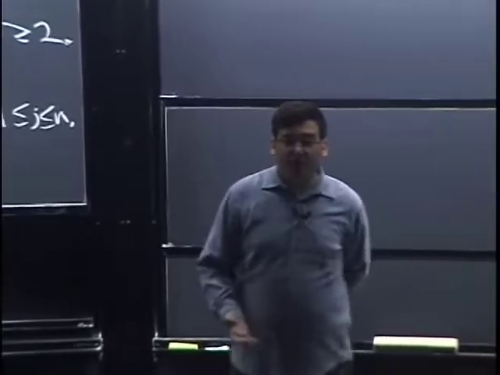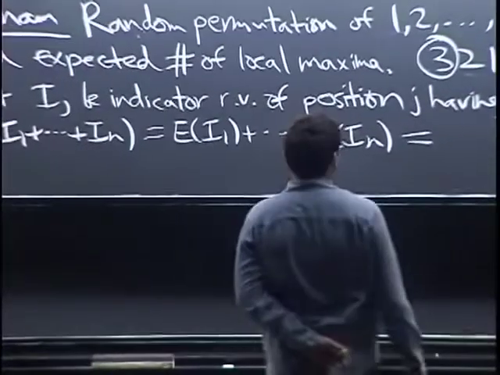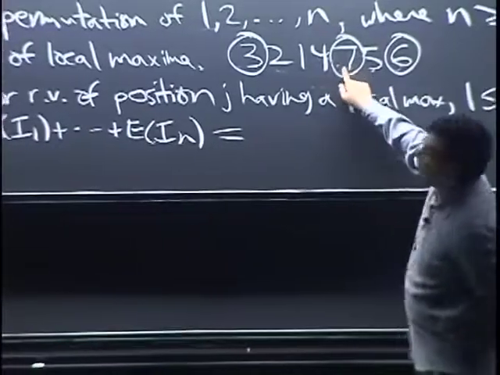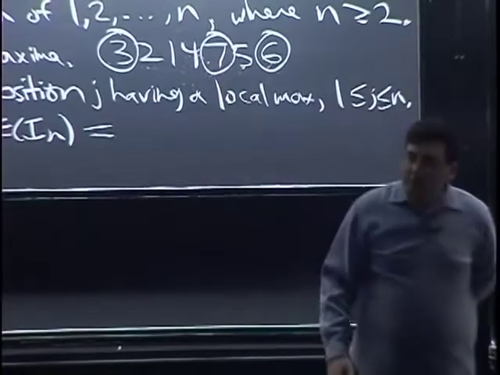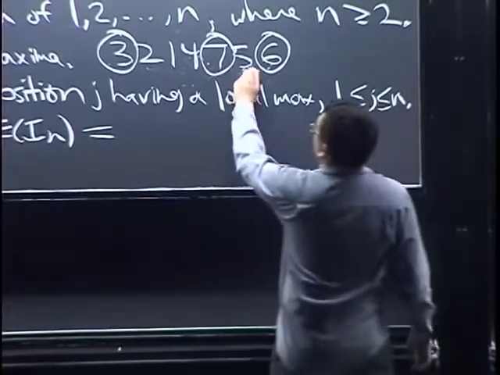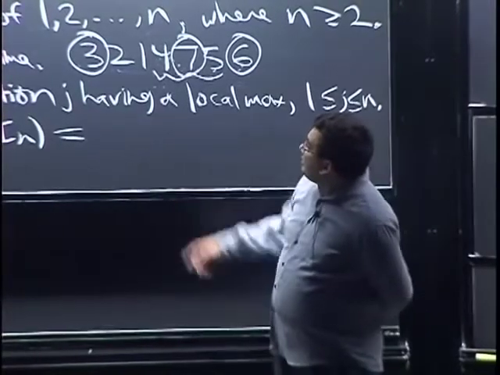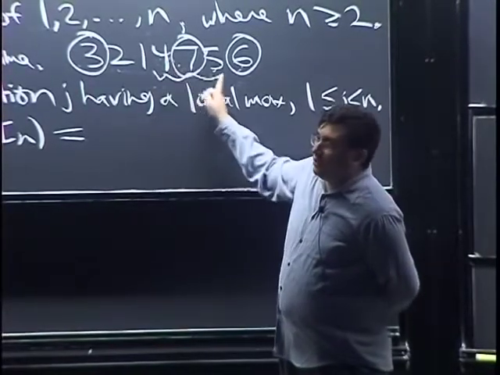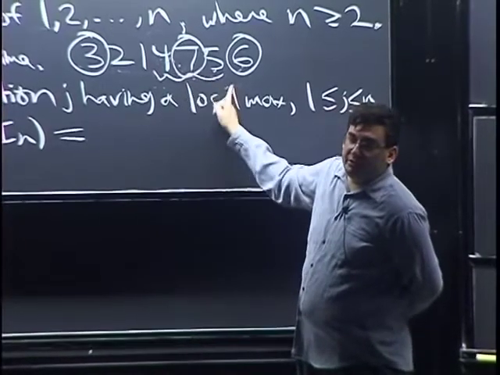So we do have symmetry in the sense that, what was the probability that this number here, which happened to be a 7, was bigger than both its neighbors? Well, if you look at these three positions, the 4, the 7, and the 5, by symmetry they're equally likely to be in any of the 6 possible orders, right?